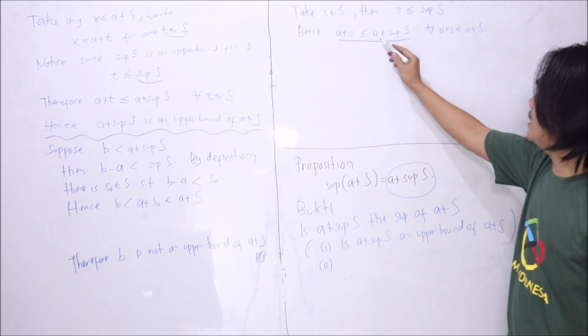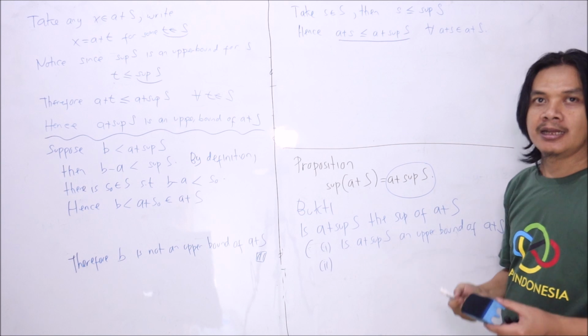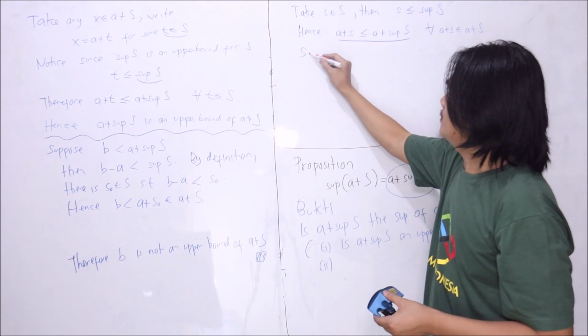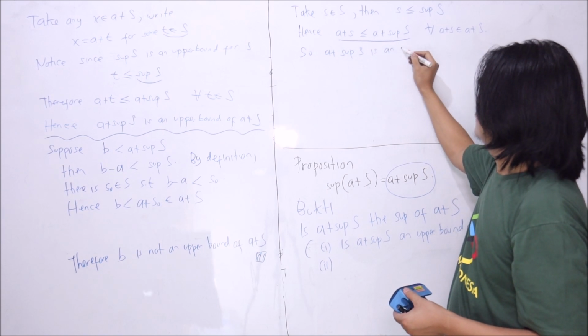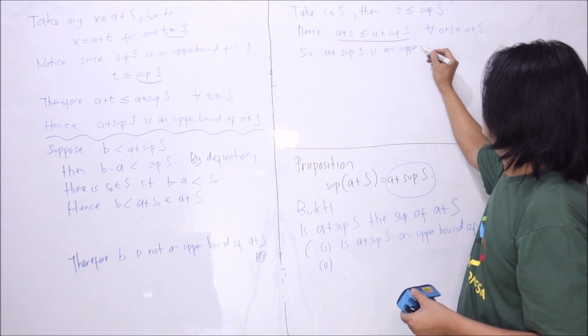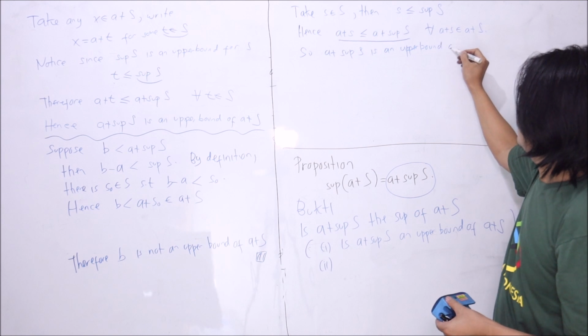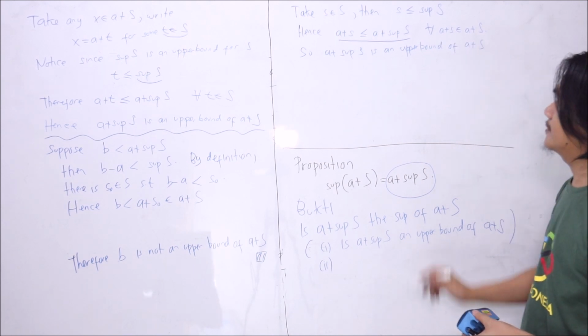It says that A plus sup S is an upper bound of A plus S. Okay.